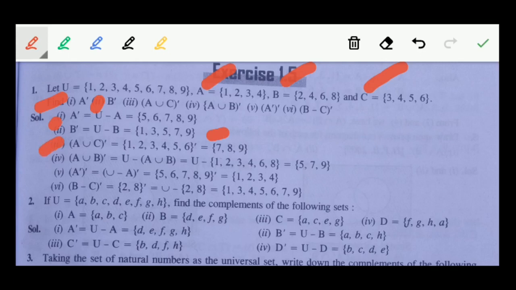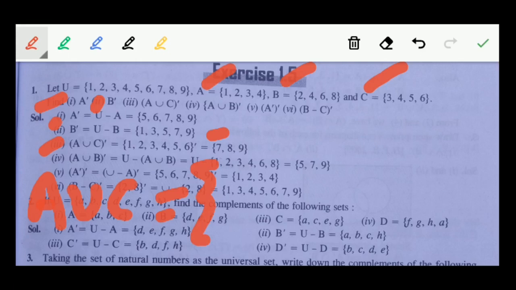In the third part we have to find the complement of A union C. So here firstly you will find A union C, sorry, A union C. And what is A union C? You will write down all the elements of A and C, but the common element you will write down only one time.